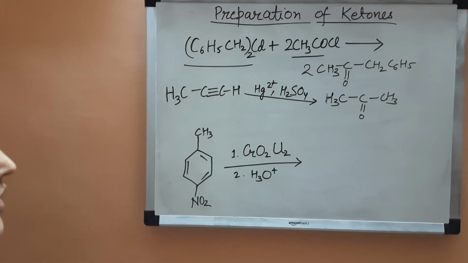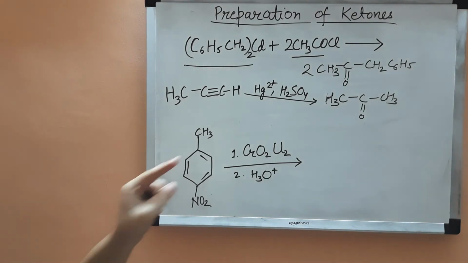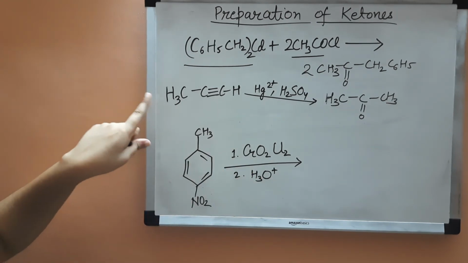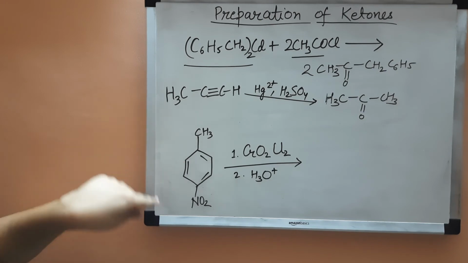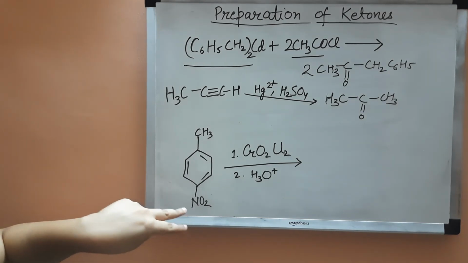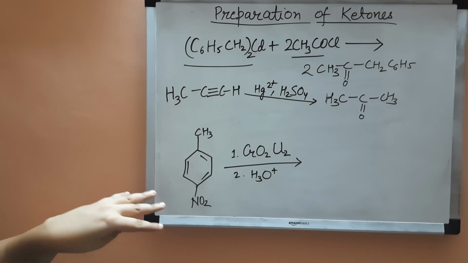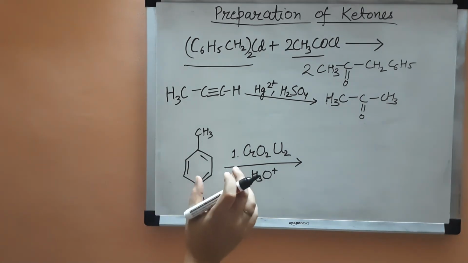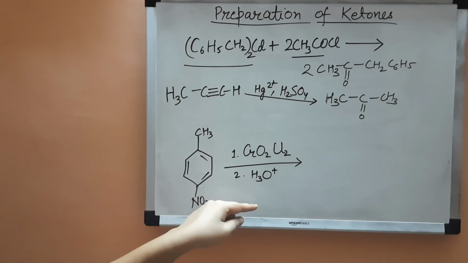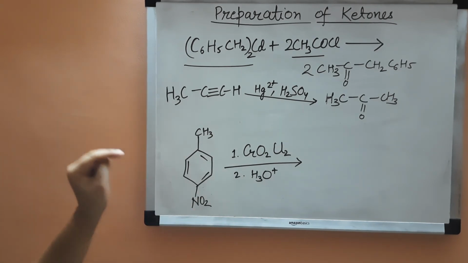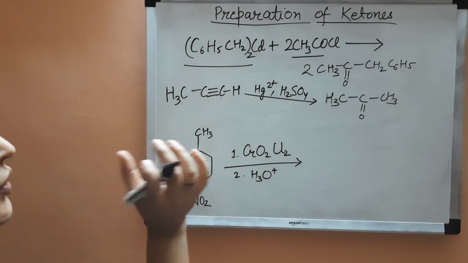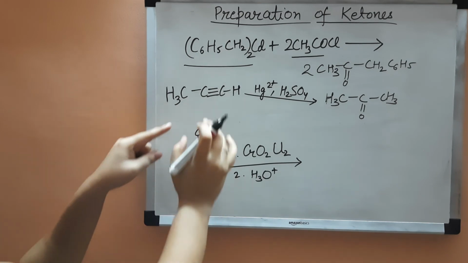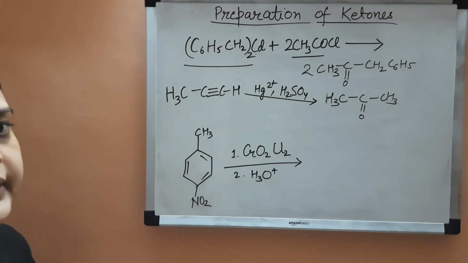The next reaction is you are adding chromyl chloride to toluene, the substituted toluene. Here you have a nitrogen dioxide group as the substituent on toluene. What will you get? The second step is hydrolysis. You have already studied that chromyl chloride is an oxidizing agent, and it oxidizes the alkyl group to the aldehyde group.